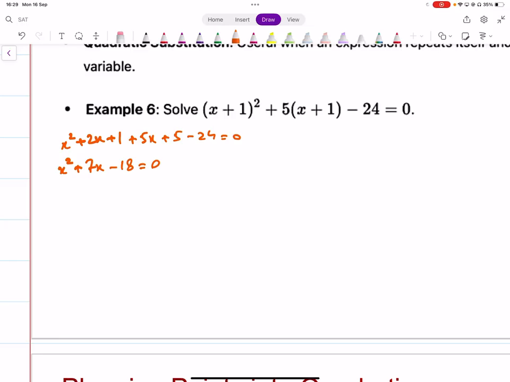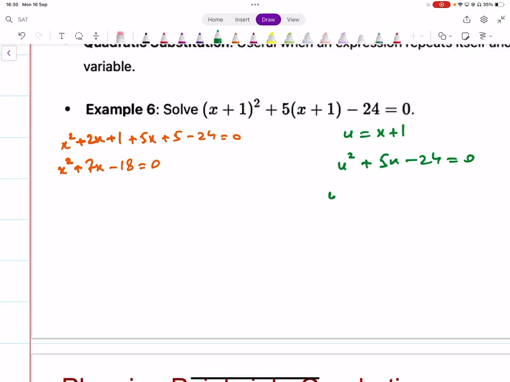We can also use a substitution here, and that will make this much quicker. We have x plus 1 here, and we have x plus 1 here. If we use this substitution, let's say u equals x plus 1, this leaves us with u squared plus 5u minus 24 equal to 0. Put this on your calculator directly.